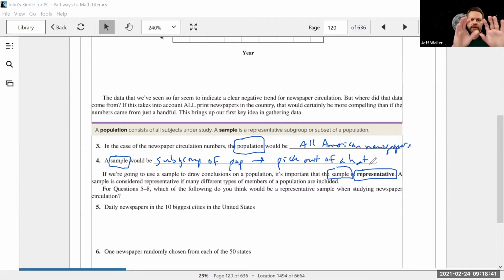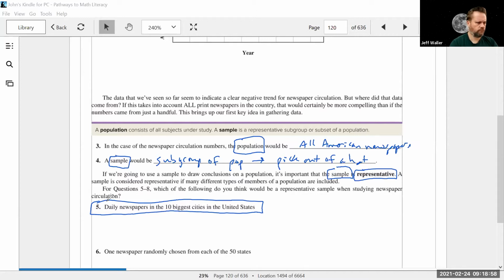So if I wanted to say something about all American newspapers, why would this be a bad sample, number 5? Why is this a bad sample? The daily newspapers from the 10 biggest cities in the US. Too broad.